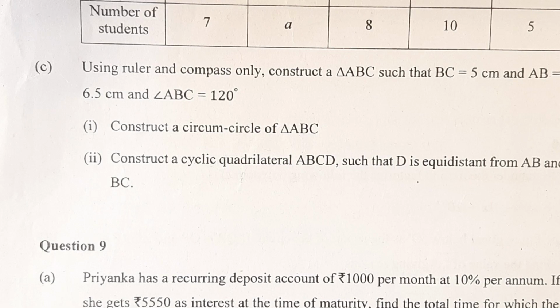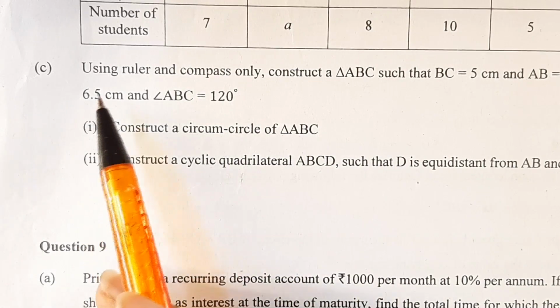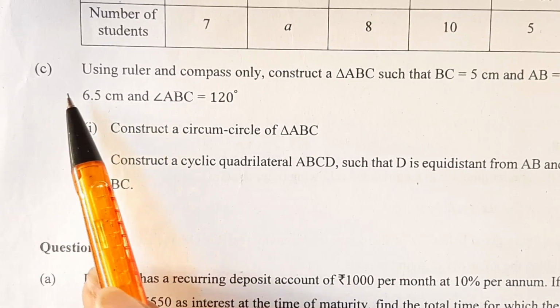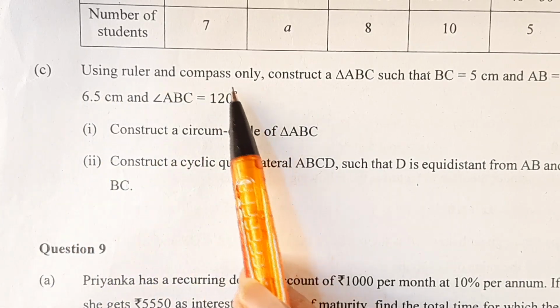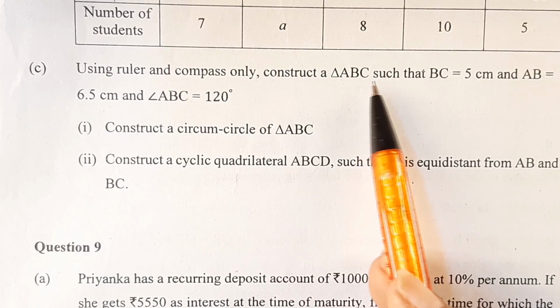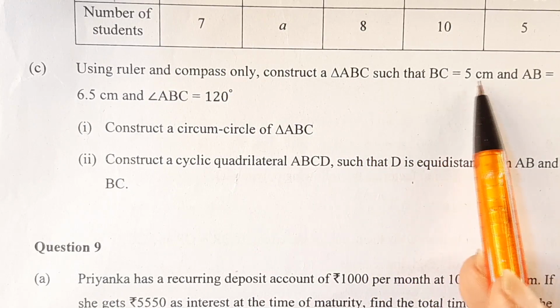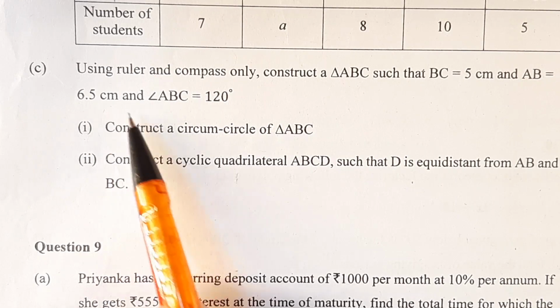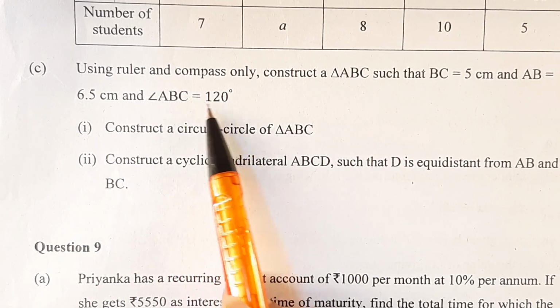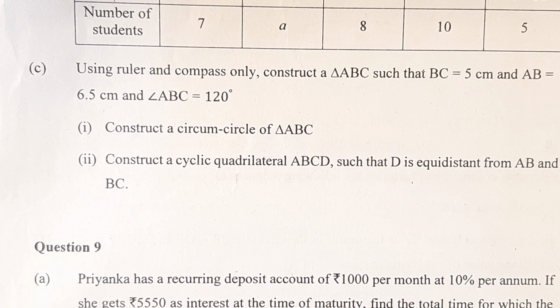Our next question is from the 2018 ICSE Board paper, and that is question 8C. Using ruler and compass only, construct triangle ABC such that BC is 5 cm, AB equal to 6.5 cm, and angle ABC is 120 degrees.